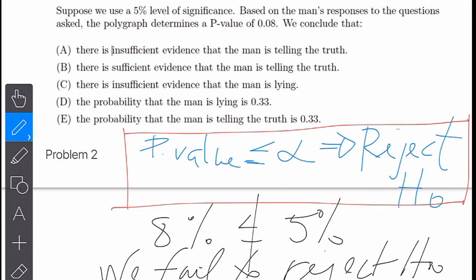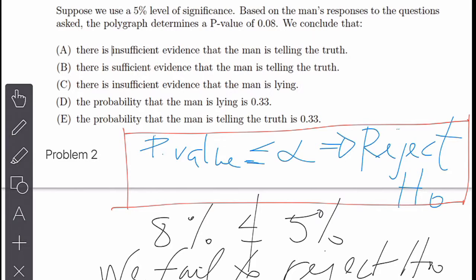So which is the best answer? There is insufficient evidence that the man is telling the truth. There is sufficient evidence that the man is telling the truth. Okay, so the statement of the null hypothesis that we're trying to find evidence against is that the man is telling the truth. So what we have found is actually sufficient evidence to reject that the man is telling the truth.